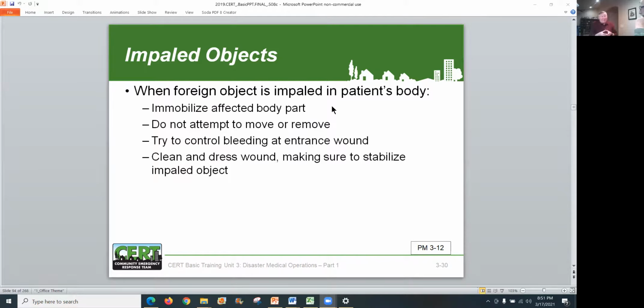He survived, which is amazing to me, but he had about a 1 or 2 inch shaft in his chest. They had a method of keeping that in place. When the shaft went in, it didn't bleed much because the shaft was pushing against the tissue and kept it from bleeding. So if it's bleeding, you keep the bleeding down. And if you keep the shaft immobilized, this would work on an eye.